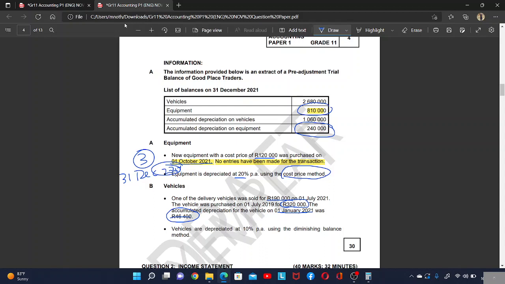Vehicles are depreciated at 10% per annum using the diminishing balance method, meaning that if we are calculating the depreciation, we must subtract the accumulated depreciation.